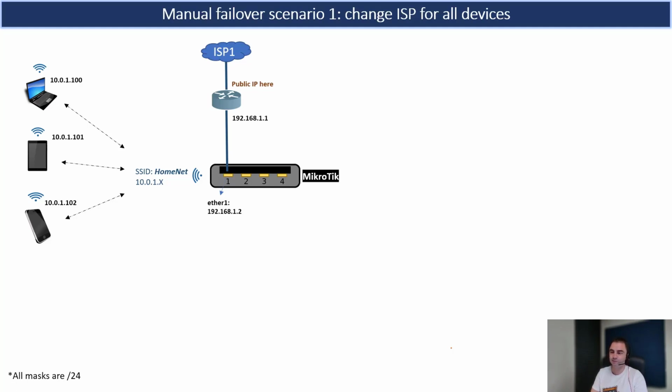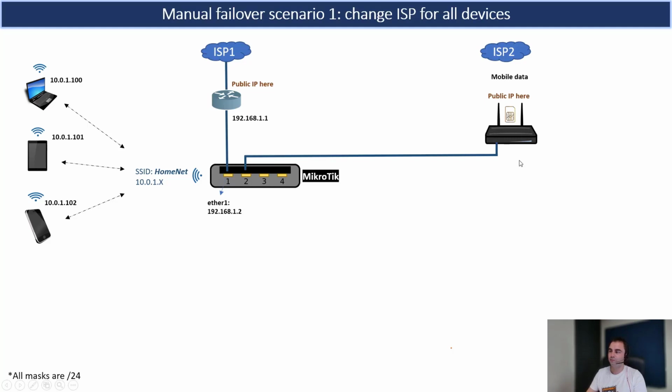So I wanted to have ISP2. So what I did is I bought a mobile router with a SIM card here, and then I plugged it to port 2. It's not in my room because actually I'm sitting here in my garage and I don't have 3G or 4G, I don't make mobile calls here, so I don't have coverage.